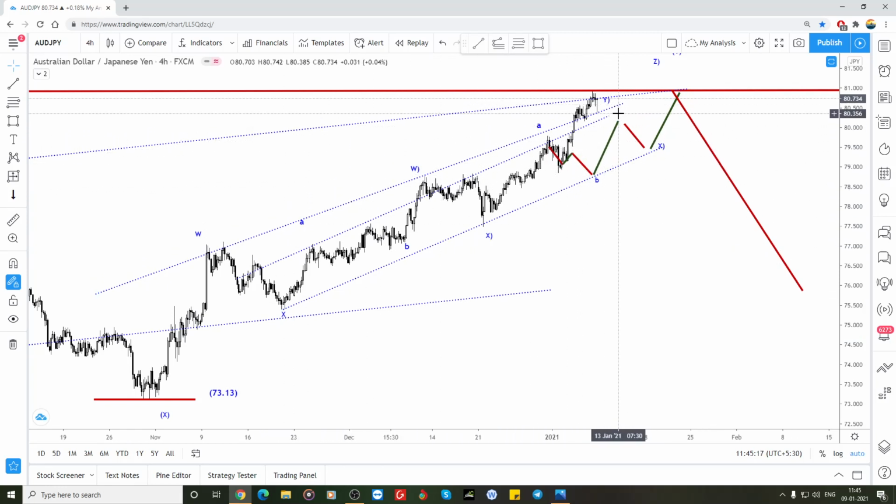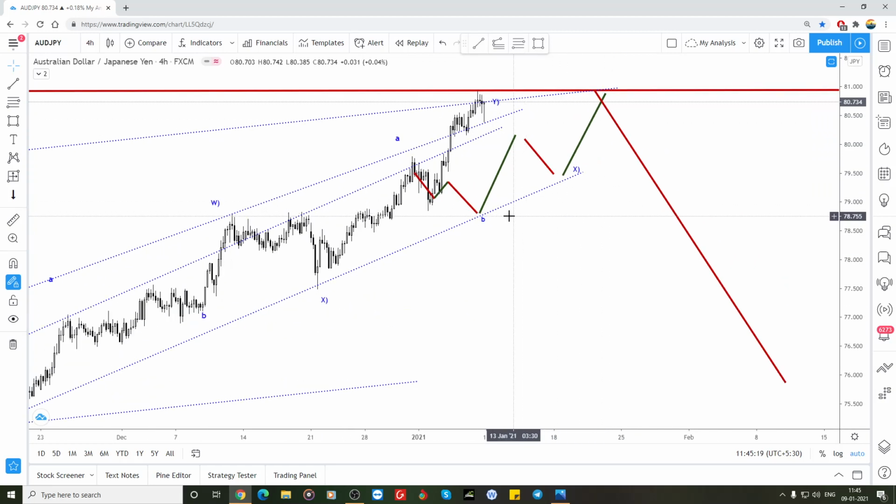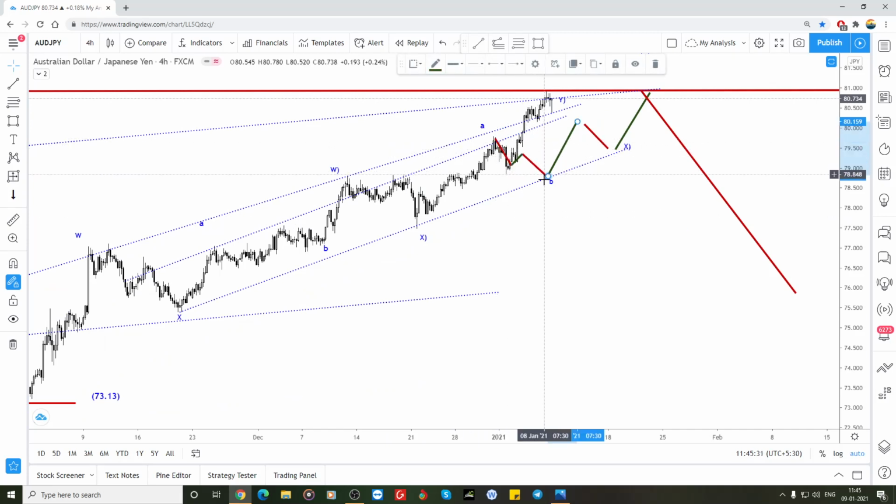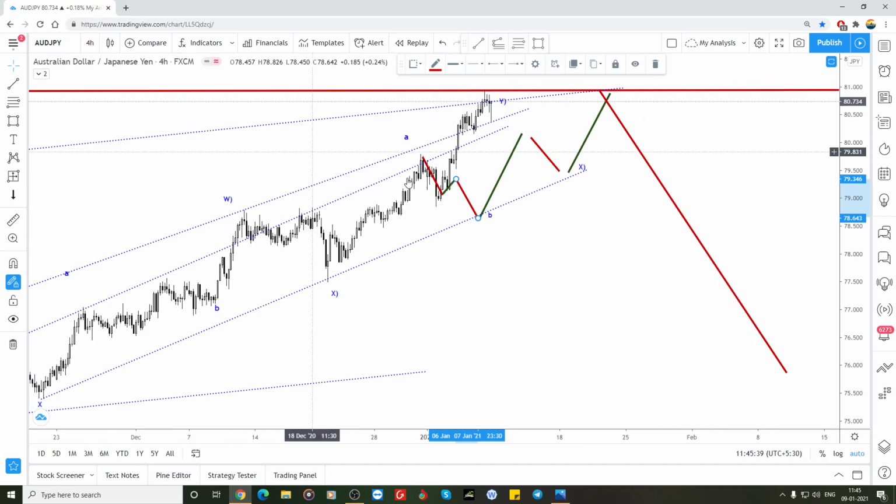But what the market did, the 3-wave structure is already done here. These drawings are all approximate, just assumptions. ABC means it can be anything. It can be simple or it could be complex. You have to watch the inside, what it is doing.